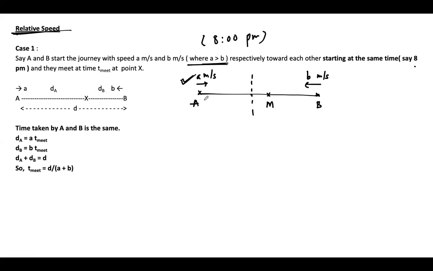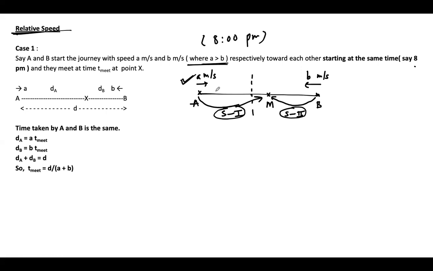In this scenario, scenario one is A going from this point till M. Scenario two is B going from this point till here. Two scenarios. Please tell me what is constant.